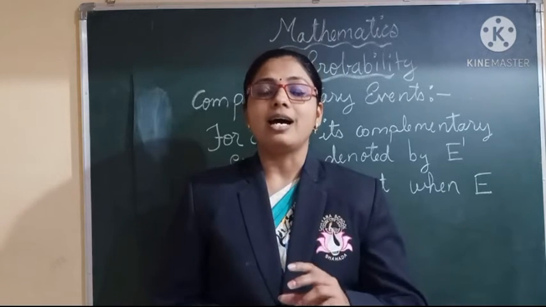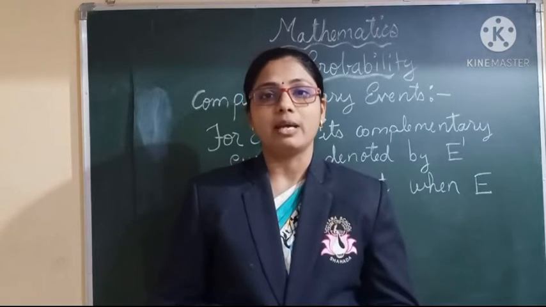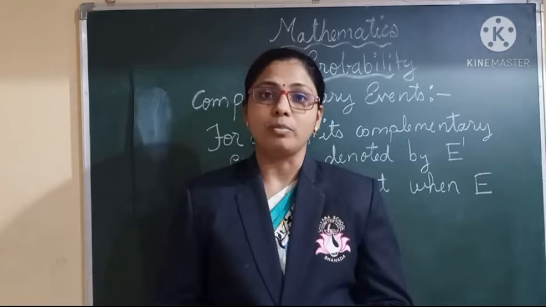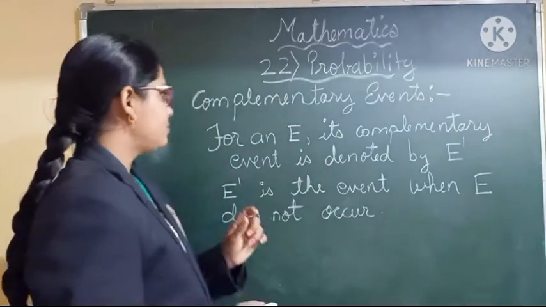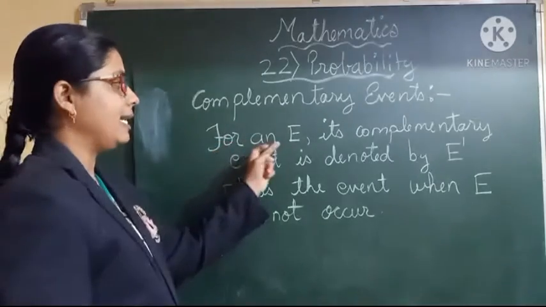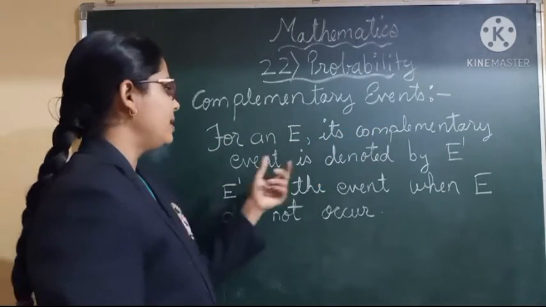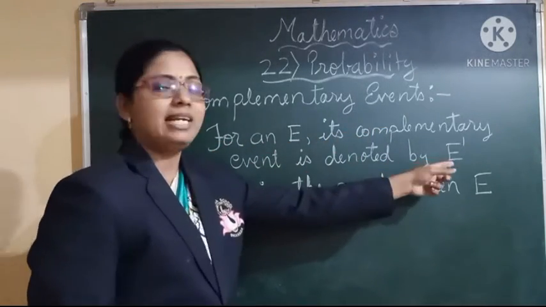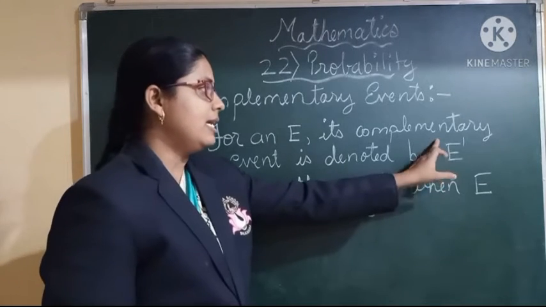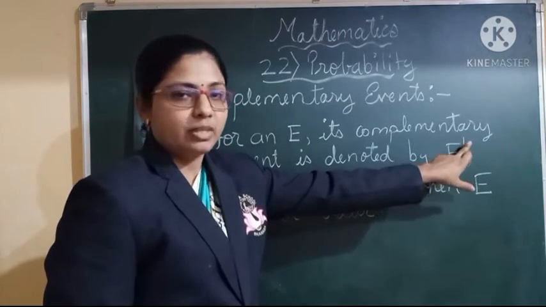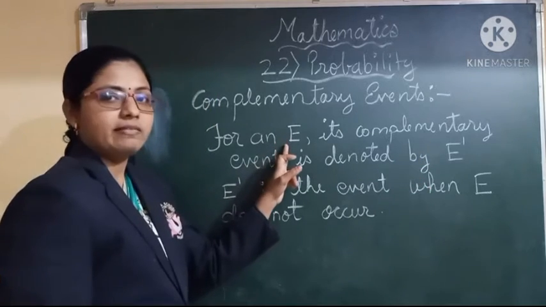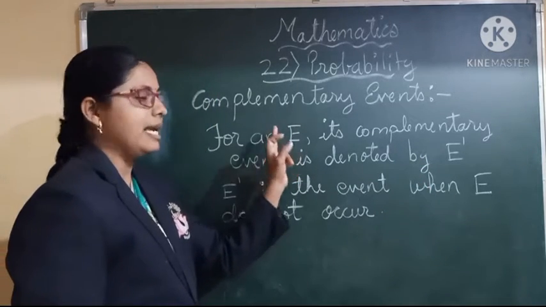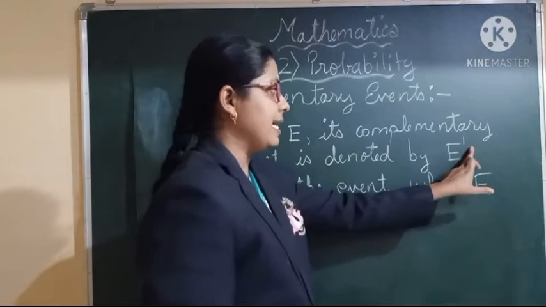What do you understand by complementary event? Two events are taking place, and when one of them occurs, the other is known as a complementary event. For an event E, its complementary event is denoted by E dash, or we can say E complement. Always keep in mind, E is the event and its complement is known as E dash.